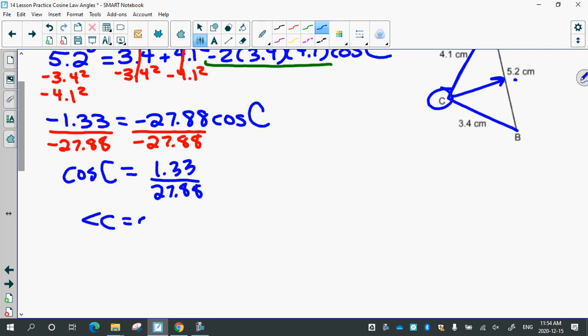So angle C is the cos inverse of 1.33 over 27.88. Make sure you enter it into your calculator carefully. 87 degrees.